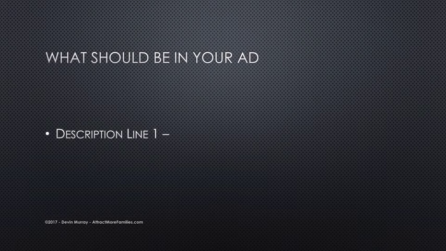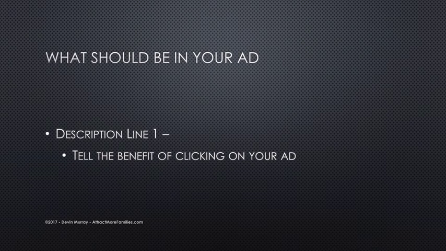Now, the description is 2 lines long, and the first line of the description is about telling them the benefit of clicking on your ad. You want to tell them why they should click on your ad. You know, best private elementary Denver. Right? Discover how private elementary helps children grow.